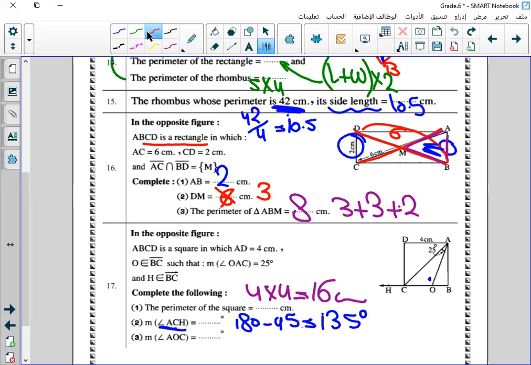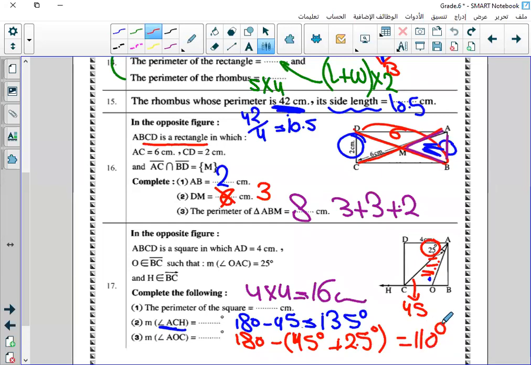ACO equals 45 and this angle equals 25, so in this triangle the measure will be 180 degrees minus 45 degrees plus 25 degrees, which is 110. Thank you, Noor, and best of luck to all of you. This is the end of our session today, goodbye everyone.